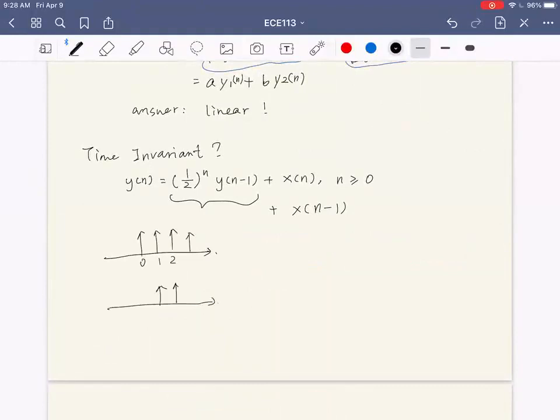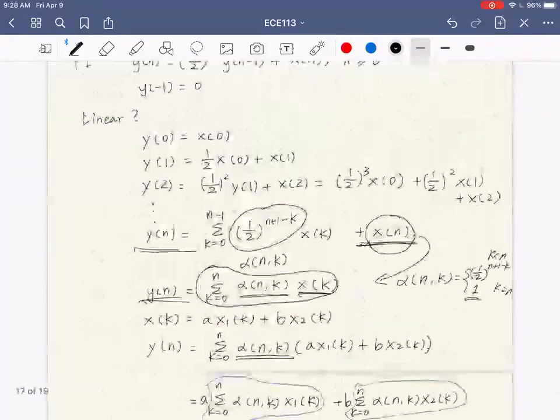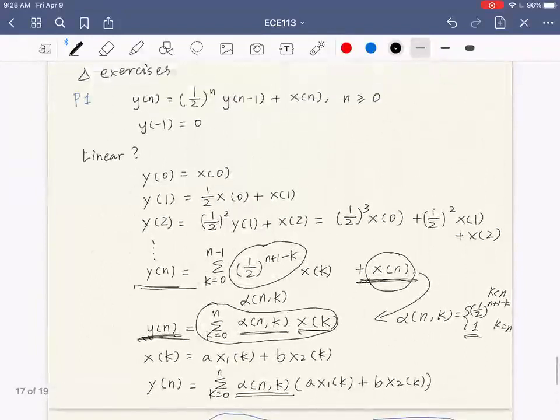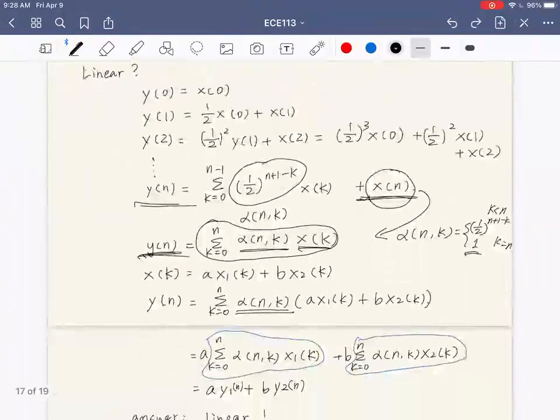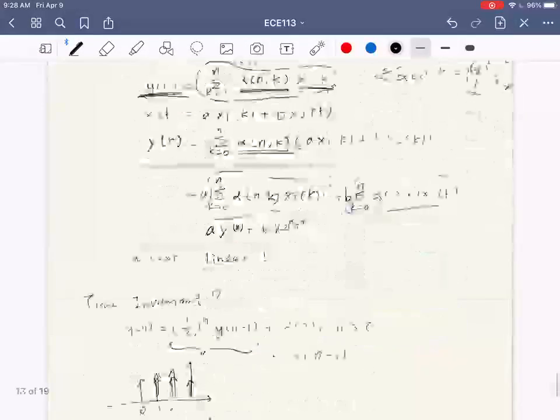After shifting, let's say it is a ramp to make it more intuitive, every x of k becomes x of k shifted by 1. So y of n will also change. It is kind of an edited accumulator. This is a new term. Because it is accumulating, after your shift, the y will also change.